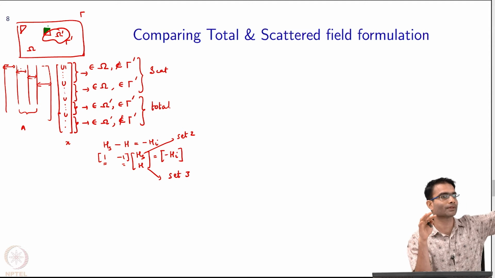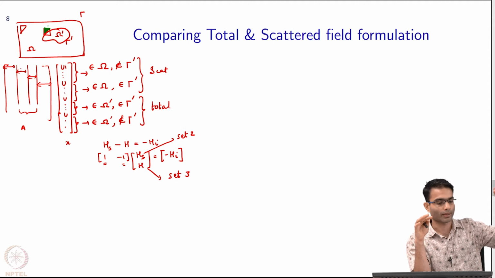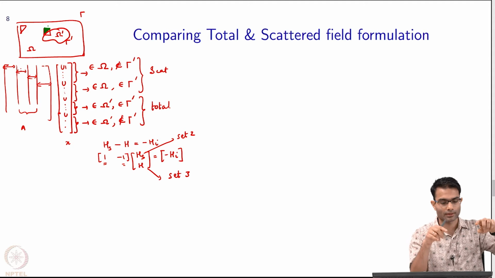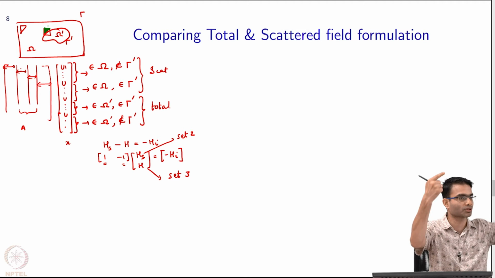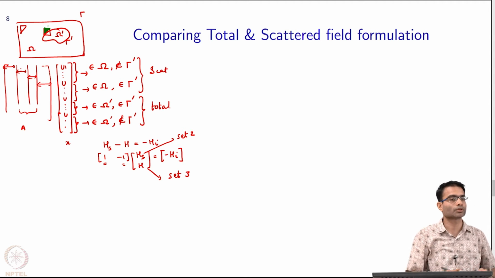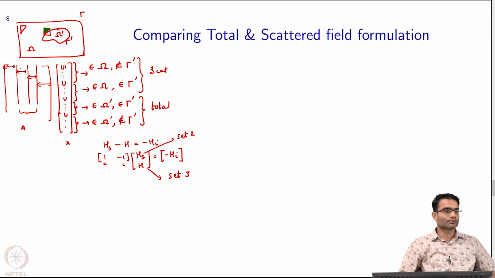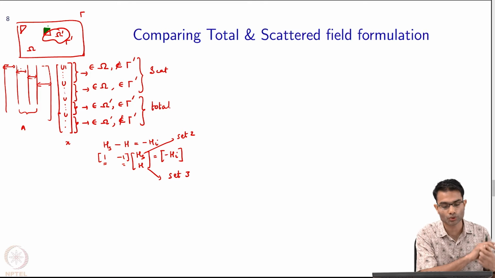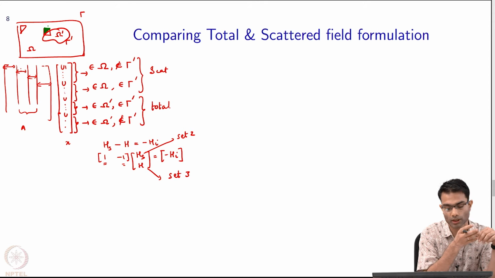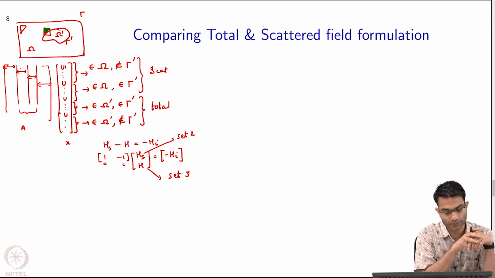I cannot solve set 1 completely because, if I look at this triangle, it has edges belonging to both set 1 and set 2. So, they become coupled equations. I can't get a system of equations purely in set 1 is what I am saying. Set 1 is purely interior edges. So, what is set 1? Belongs to omega, does not belong to gamma prime. The first equation means which equation?